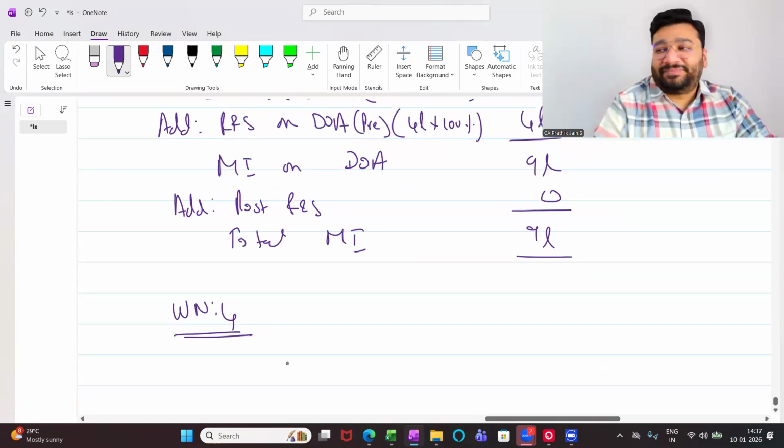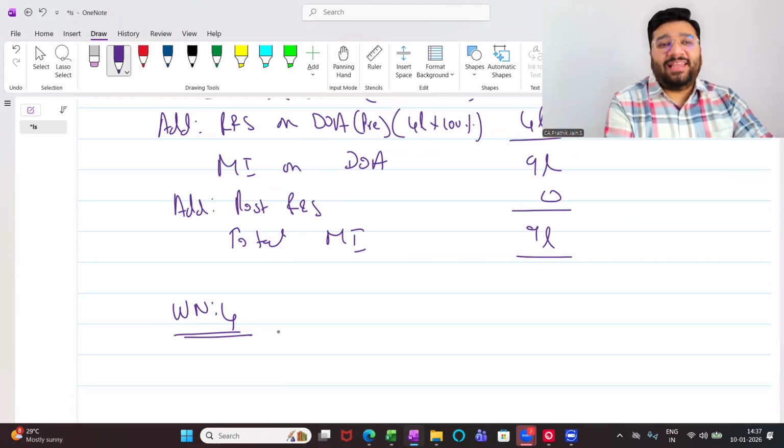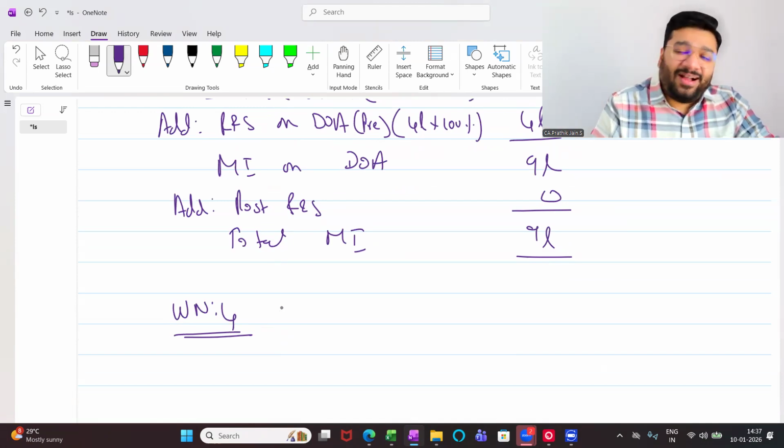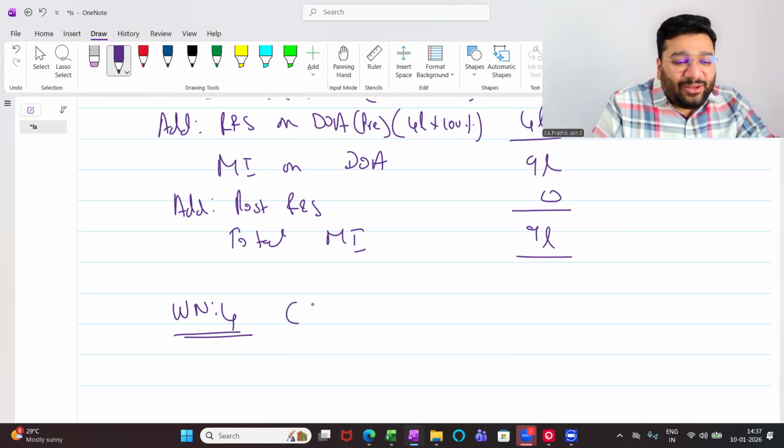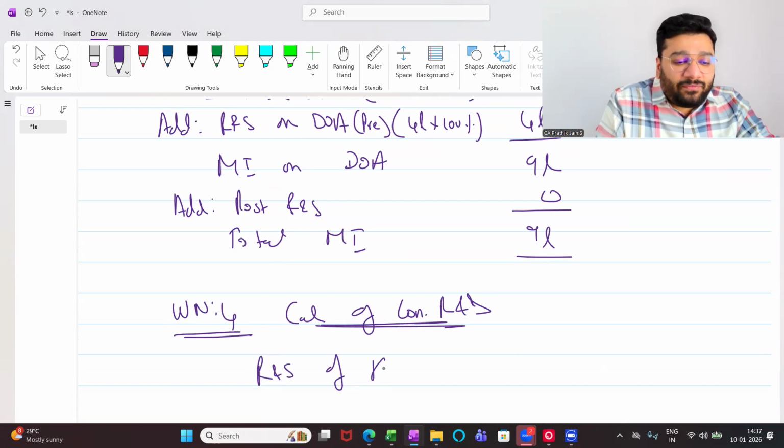Working note 4. Calculation of consolidated reserve and surplus. Reserve and surplus of H Limited, how much is it? 6 lakh.